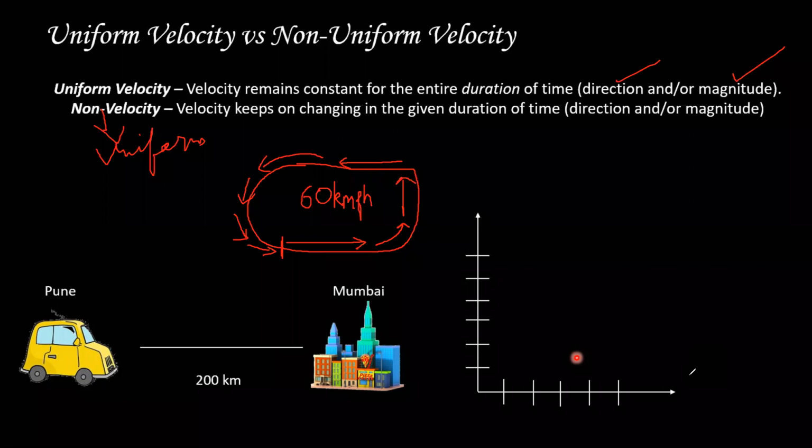And when I say this, I mean the direction and magnitude both are constant for the entire duration of time. Non-uniform velocity keeps on changing in a given duration. So when I say that, I mean either direction is changing, magnitude is changing, or both are changing.